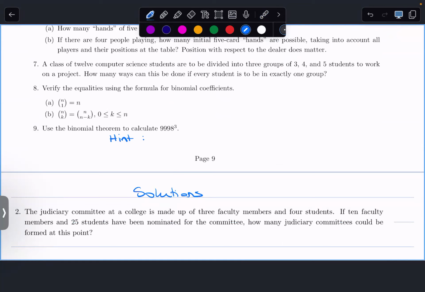You can rewrite 9,998 as 10,000 minus 2, or something like that. And now you've got an x plus y type of scenario, or some other combo of x plus y is what you're going for.